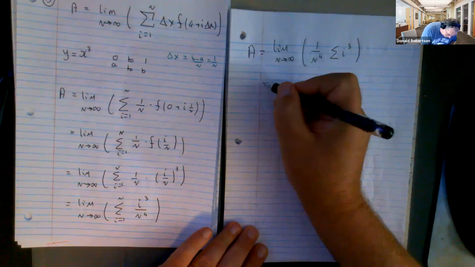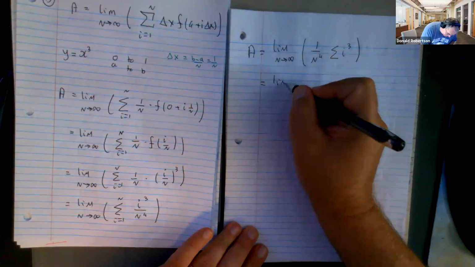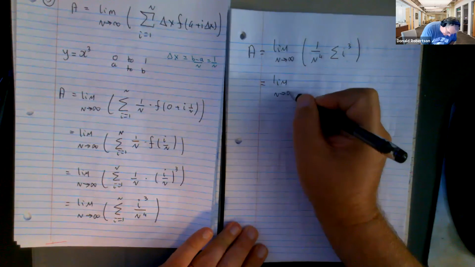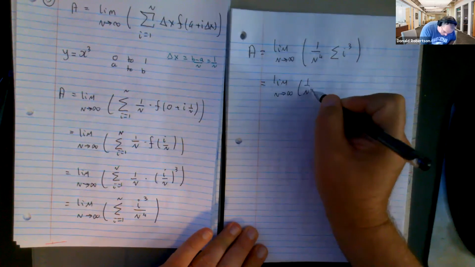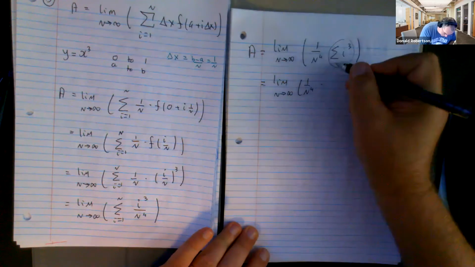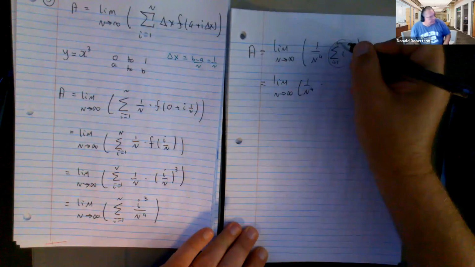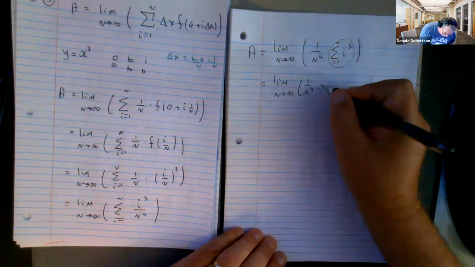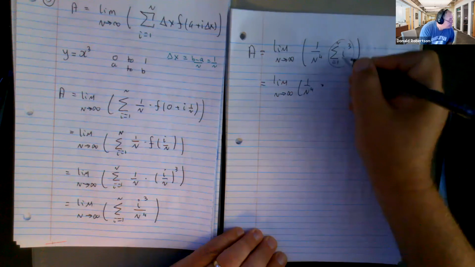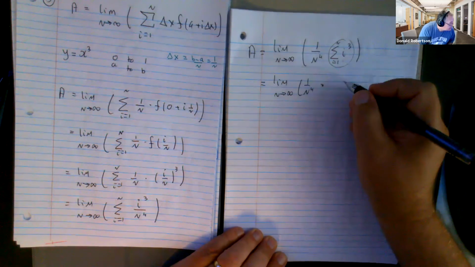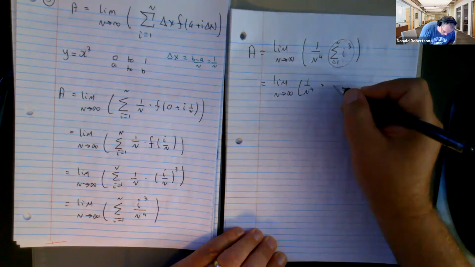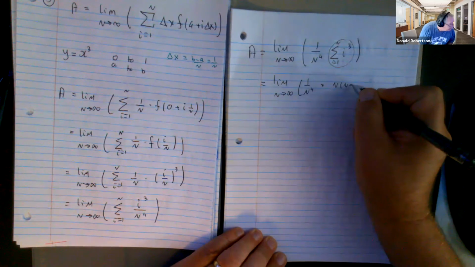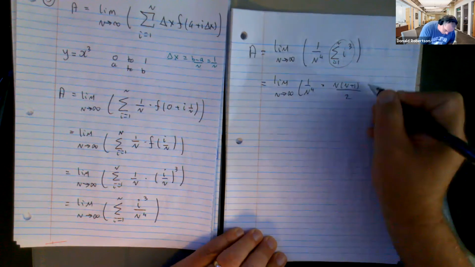Now, wouldn't it be nice if someone could tell me what this fella here was equal to? Wouldn't it be nice if they did that? And the answer is, if you read the question in question 13, they tell you what this is equal to. And this thing here is equal to n plus 1 over 2, all squared.